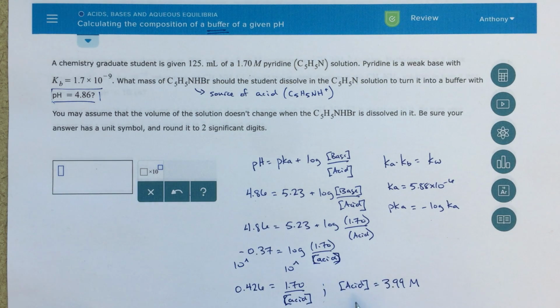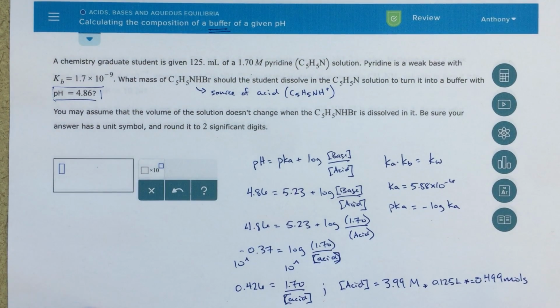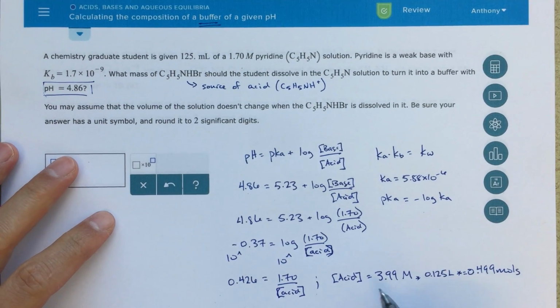So from here, I'm going to take this and multiply it by 0.125 liters, which is going to equal 0.499 moles. The reason I'm doing this is because I want to figure out how many moles, and that way I can figure out what mass of this acid source I'm going to need to add in. So if this is my number of moles, then I need to convert that into grams.